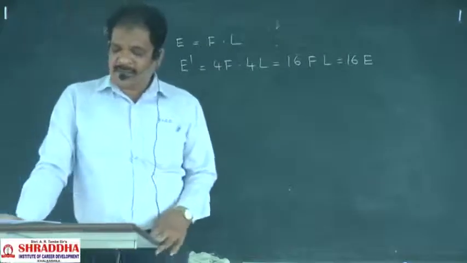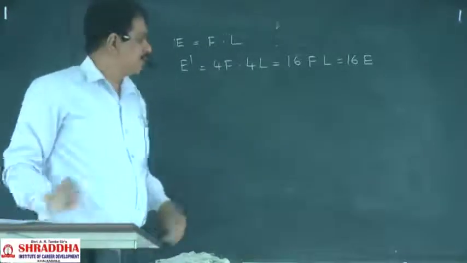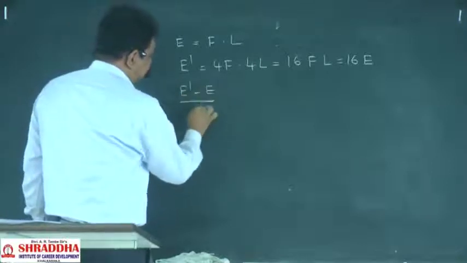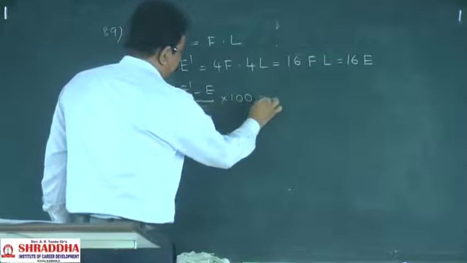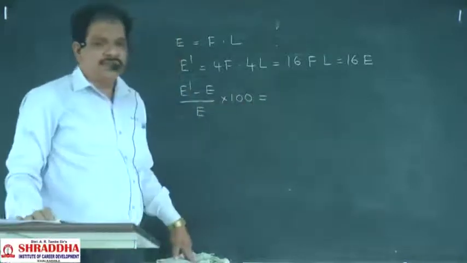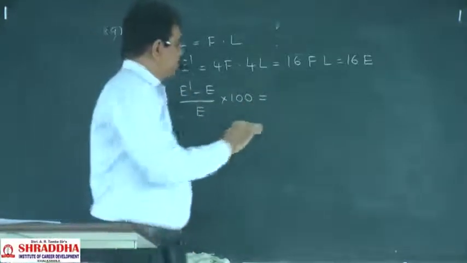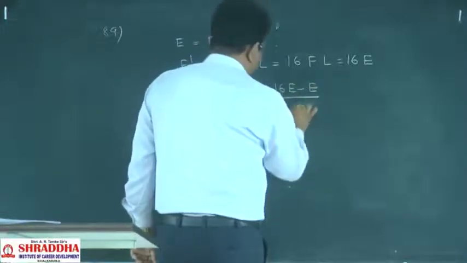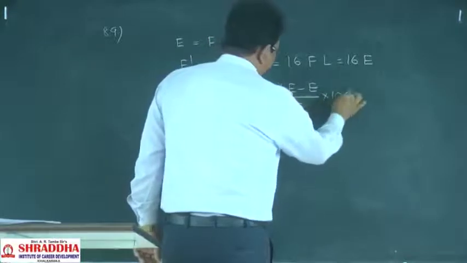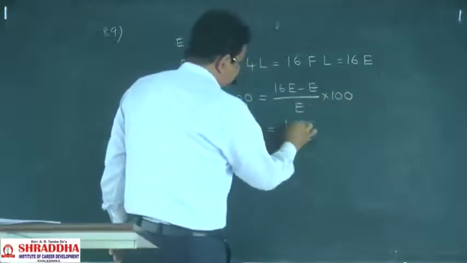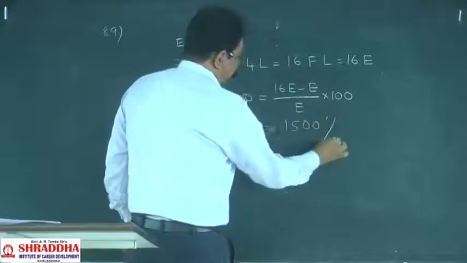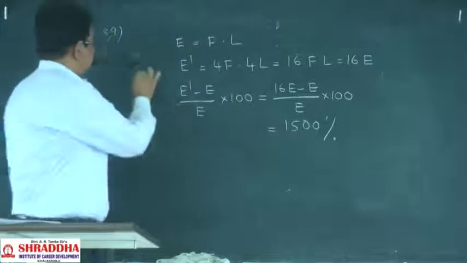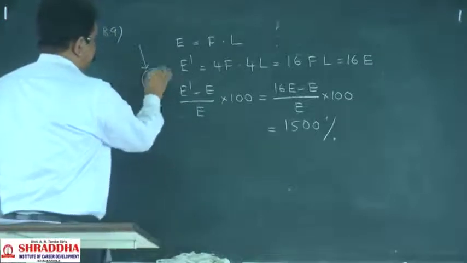How much percentage change is there? They are asking E dash minus E by E into 100. 16E minus E by E into 100. This value will be 1500%. 89, this value will be C.